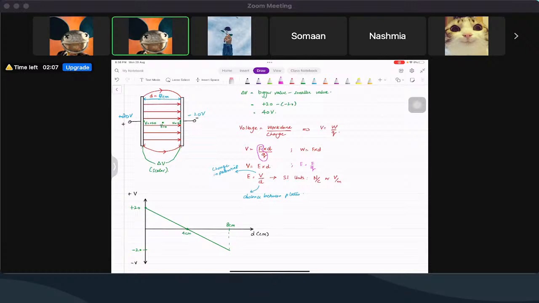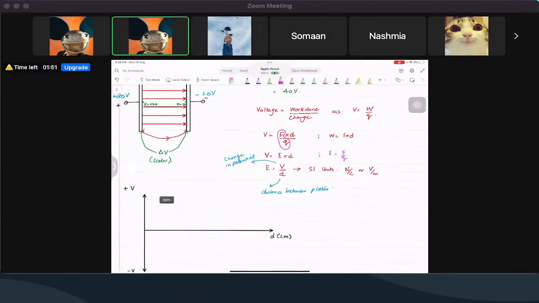Now remember, this constant change shows a uniform field, just like this.